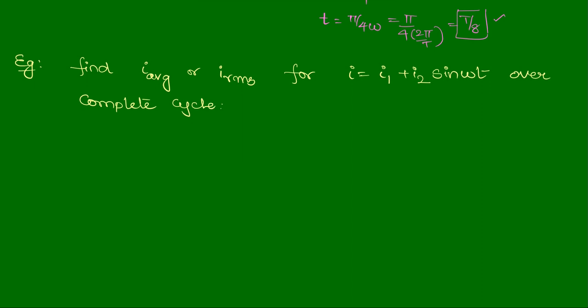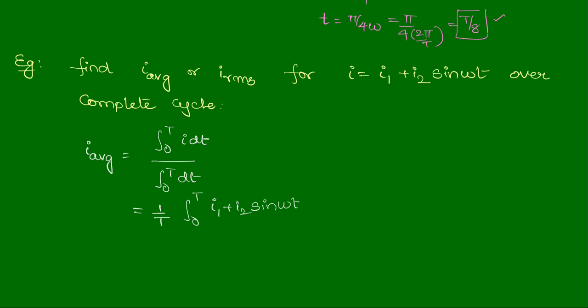So the formula for I average is equal to integration of 0 to T of I dt by integration of 0 to T of dt. So in the denominator we will get 1 by T. So integration of 0 to T of I1 plus I2 sine omega t dt, or from this 1 by T integration of 0 to T of I1 dt plus I2, I can take out common, integration of 0 to T of sine omega t dt.